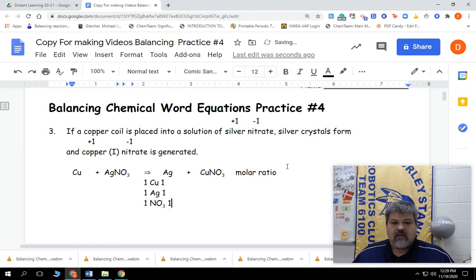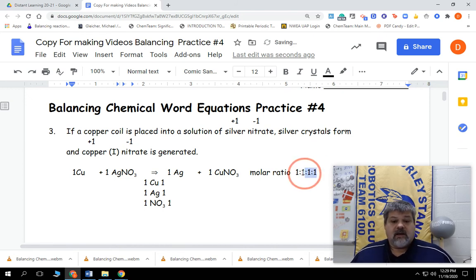So our question is, is it balanced already? Yes. As soon as we wrote it out, the skeleton equation is the same as the other one. So it's 1s across the board. I can put 1s in here if I wanted to, or I can just put it right here: 1, 1 to 1 to 1. Go ahead and highlight it.